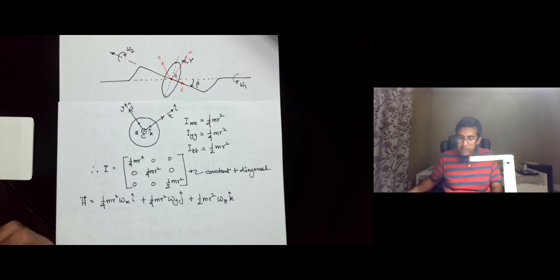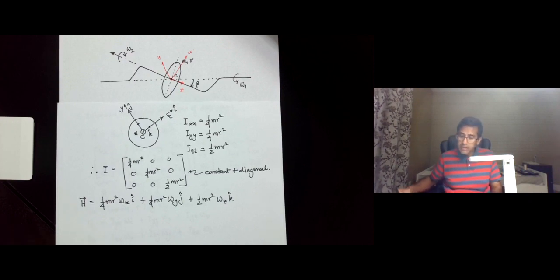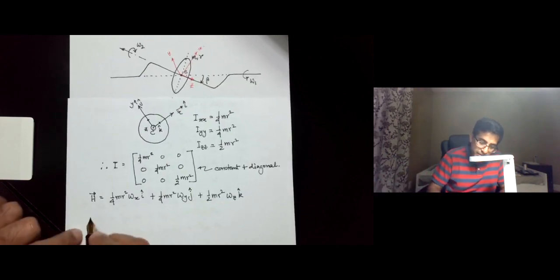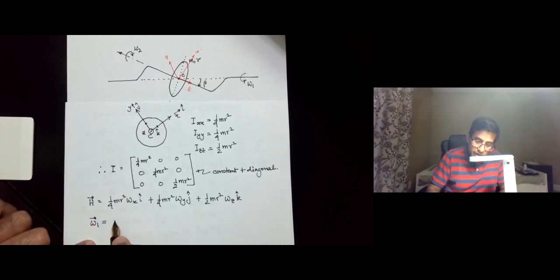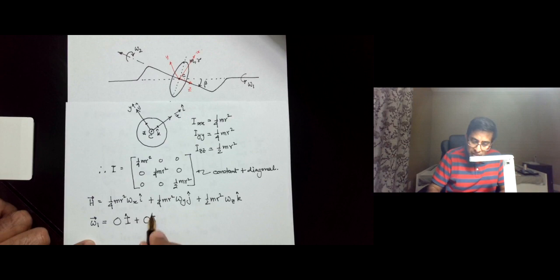So how do we do that rotation? Well, we first note that the vector omega 1 is nothing but 0 in the I direction plus 0 in the j direction plus omega 1 in the k direction.